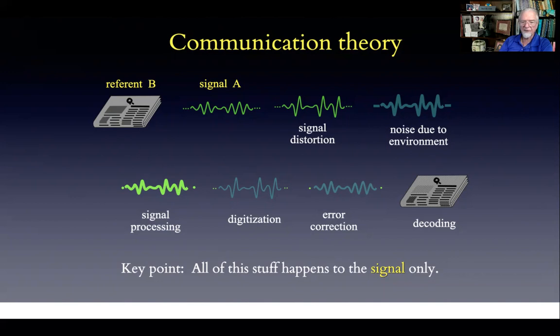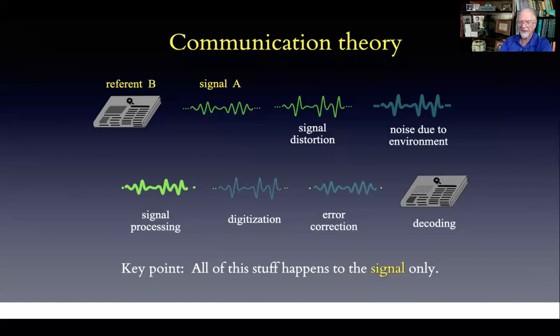And then we do error correction and decode it, and we wind up with our resulting copy of B, possibly, depending upon how much error correction is enabled and how much signal distortion and noise is in the environment.